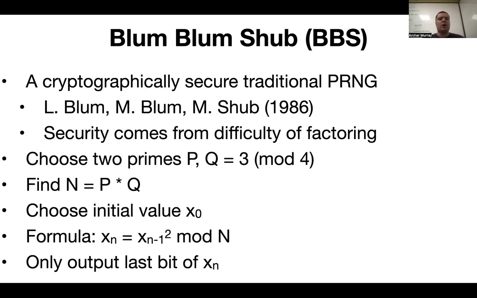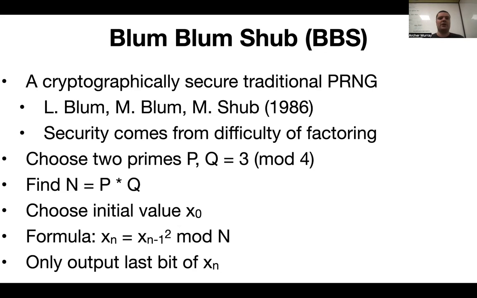And the way it works is you choose two primes, P and Q, that are both 3 more than a multiple of 4, and then you find N, the product of P and Q. Then you choose some initial value X naught, and for each output, you take the previous output, you square it, and then you take mod N. And for security reasons, you have to only output the last bit of the output. With large N, you can output more bits, but outputting only the last bit is always secure. The number of bits you can securely output is proportional to log N.